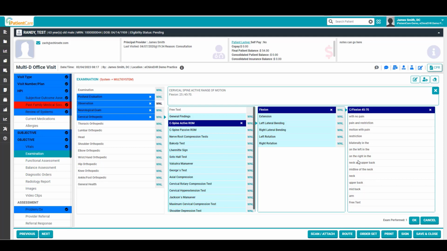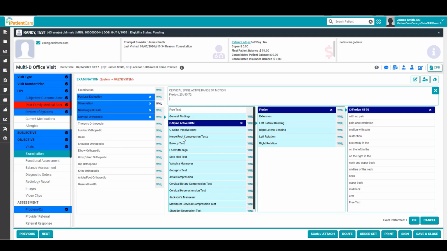And that can be done either through macros that have been set up or, again, utilizing the free text box. And then within most of the orthopedic systems that you see represented in this exam section, there will be areas where there will be diagnostic clusters.